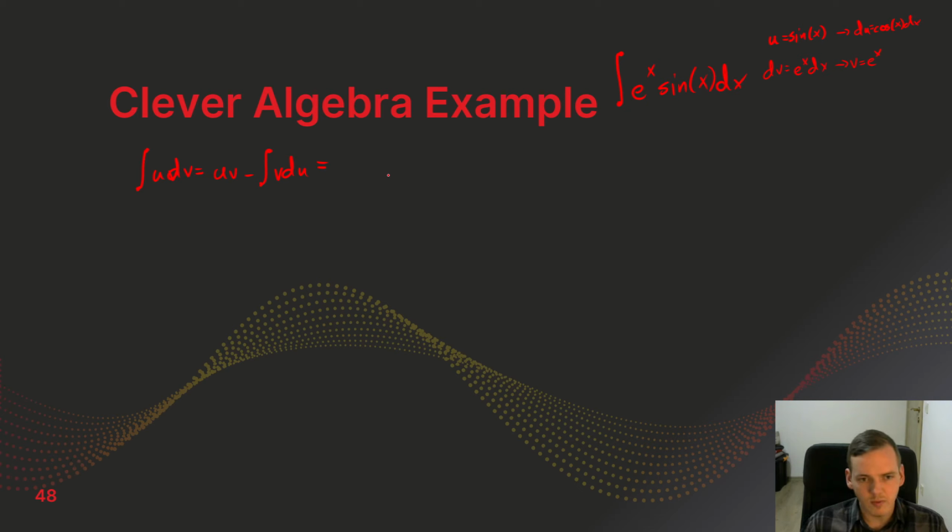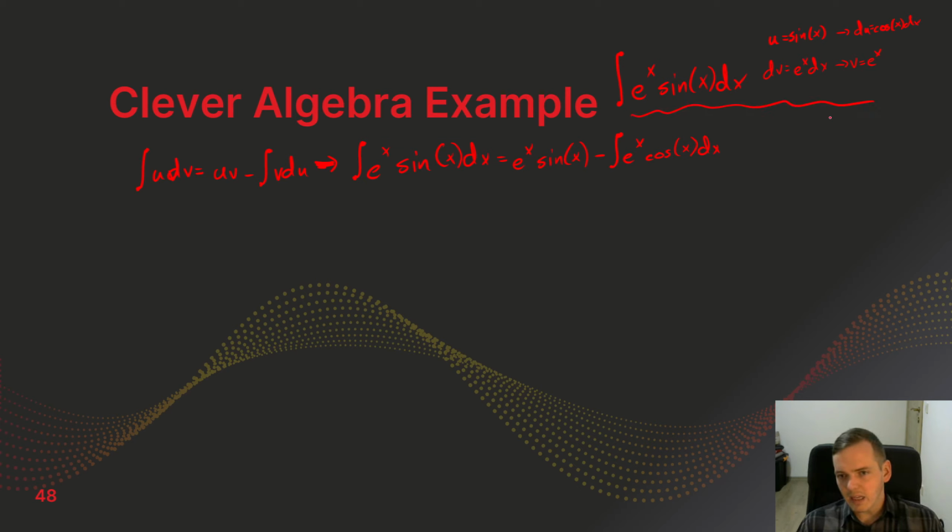But for now, just bear with me. This implies that the integral of e to the x sine of x dx is equal to uv, so e to the x sine of x, minus the integral of v du, so e to the x cosine of x dx.